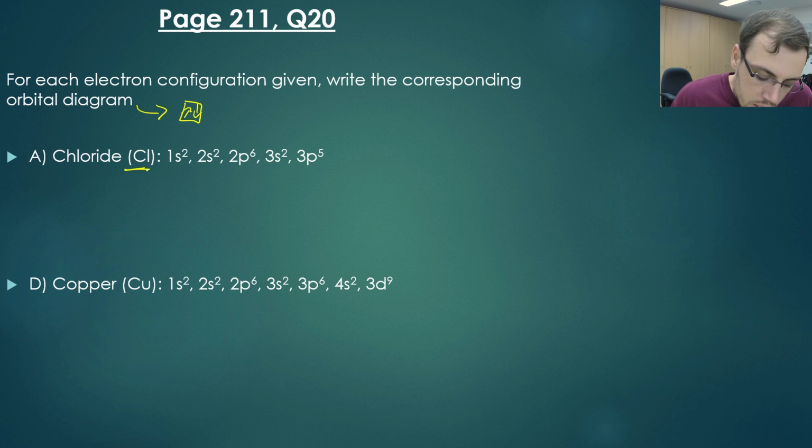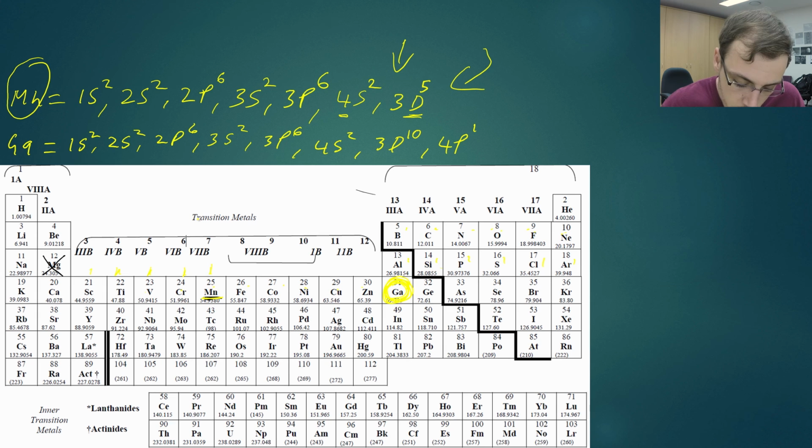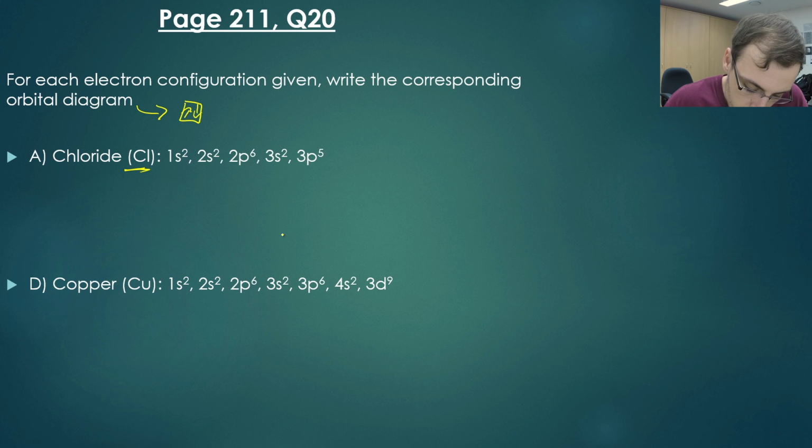So, let's look now at chlorine. We remember that our s orbital has 2 electrons, p has 6, d has 10, and f has 14. Even if you do forget this, you can look at the periodic table, and that will give you that information. So we have 1s2, so we draw one box, up, down. 2s2, so again, up, down.